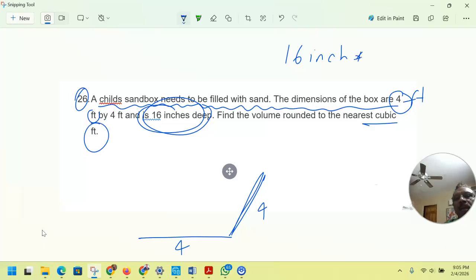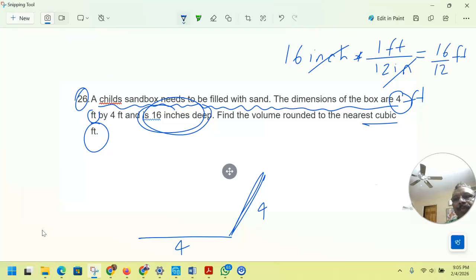One foot is 12 inches. This inch crosses out and it is 16 by 12 feet, and this 16 by 12 can be reduced as 4 over 3 feet, because 4 divides 16 4 times, and 4 divides 12 3 times, so that's why I get 4/3.